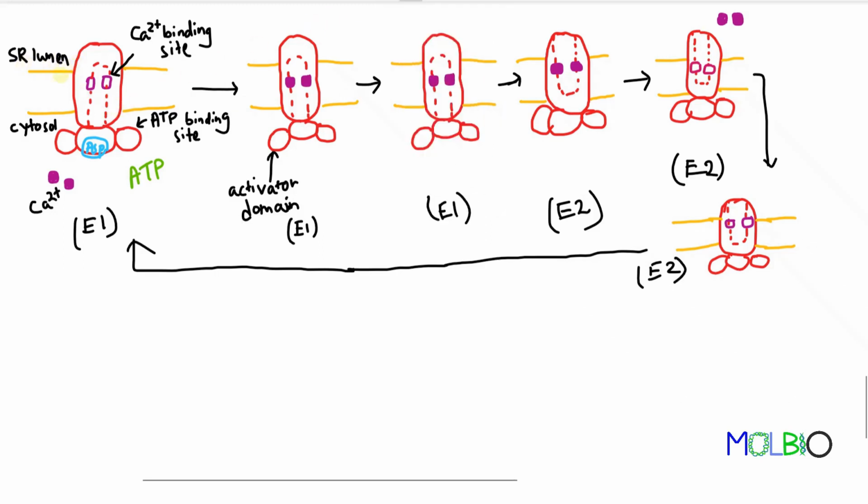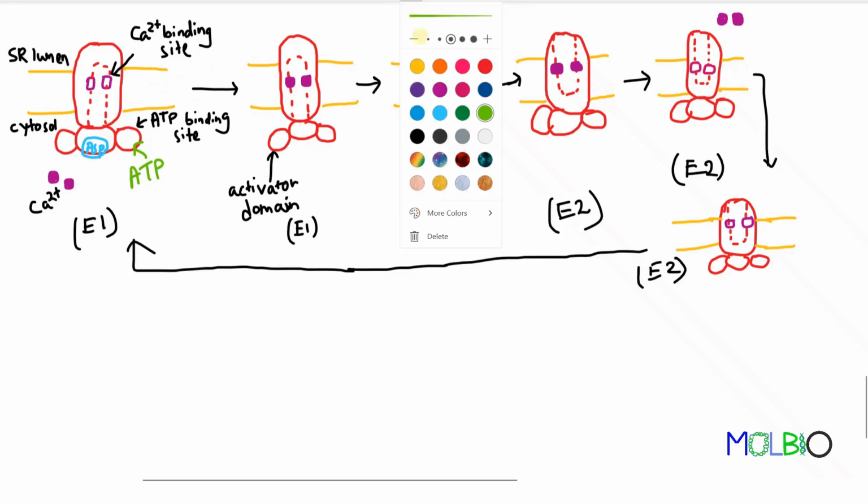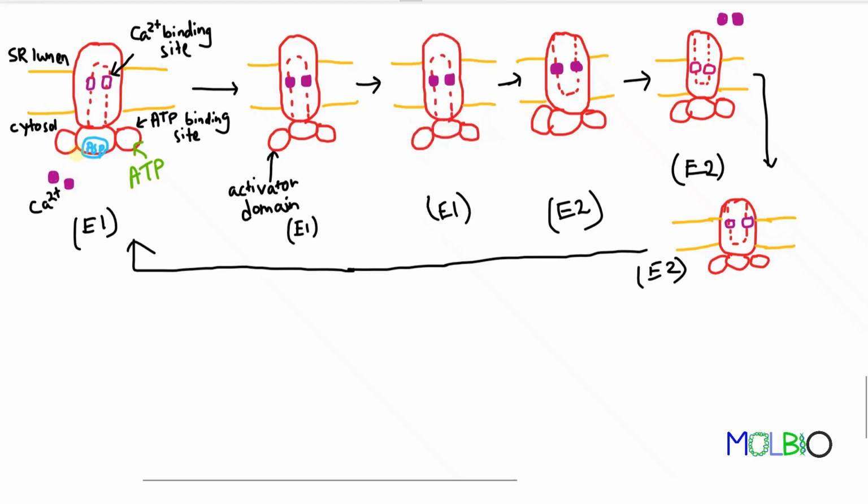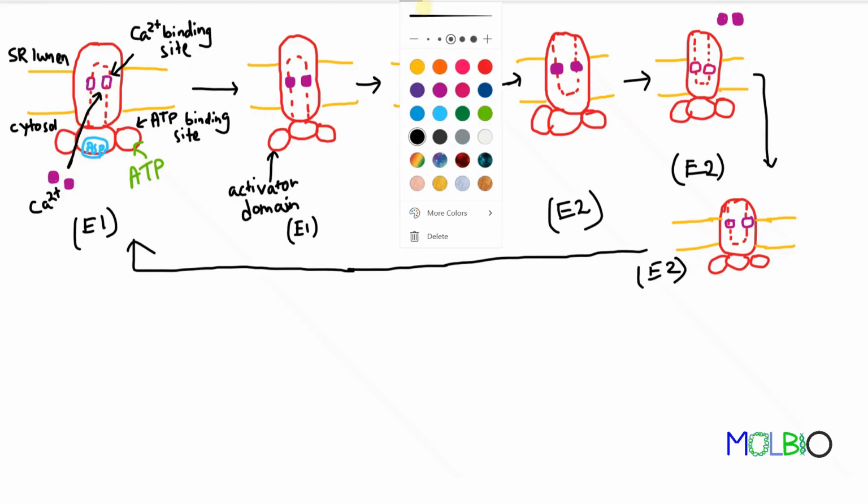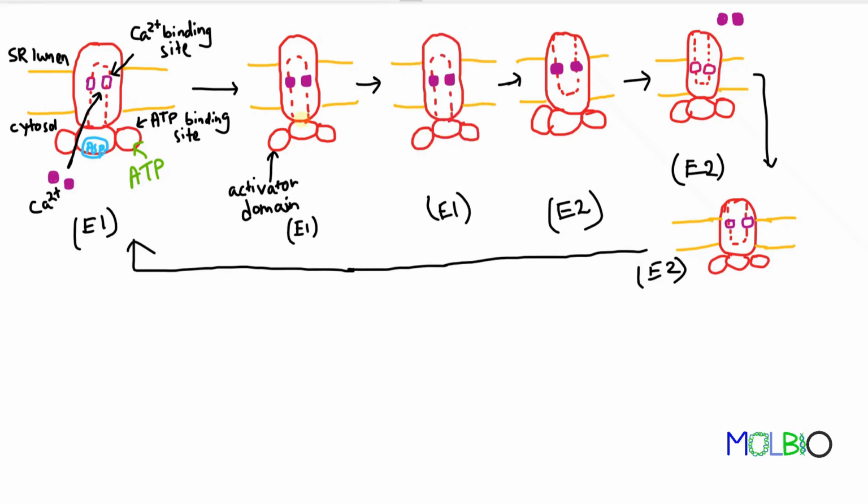Now what happens is, usually there is an ATP binding site, a domain right next to this aspartate group, and when ATP binds to it, first ATP binds to this site and is cleaved, and that way in this configuration the calcium ions bind to their pockets in the calcium binding site, which is a transmembrane domain across the sarcoplasmic membrane.